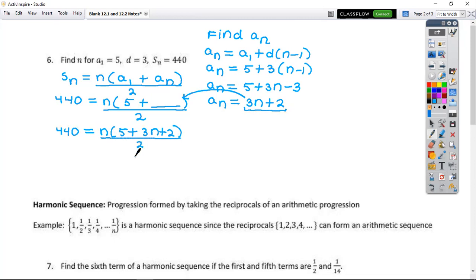So keep going. You got to work with this one. Let's get rid of the 2. So multiply 440 by 2. I get 880 equals n, and then this would become 3n plus 7, and then distribute. So 880 equals 3n squared plus 7n.